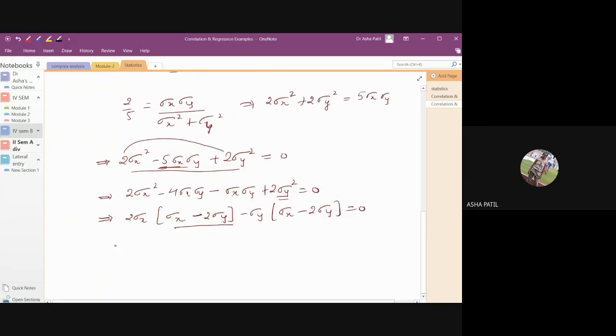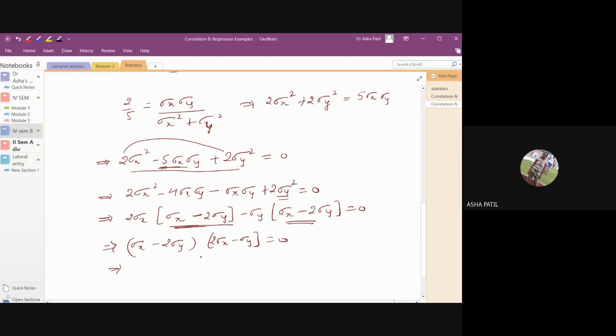Simplify the terms, or in other words you can take it common. This term is common: sigma x minus 2 sigma y. If you take it common, we are remained with 2 times sigma x minus sigma y equal to 0. Now see which term you want. One is sigma x equals 2 sigma y, the other is 2 sigma x equals sigma y.